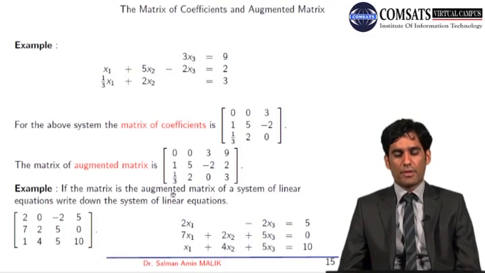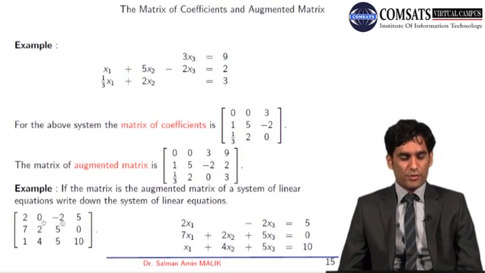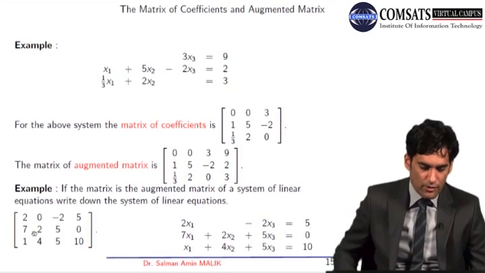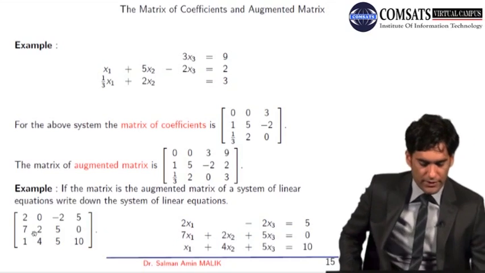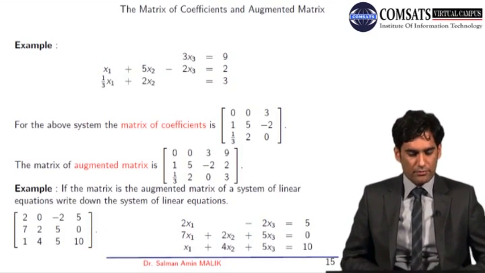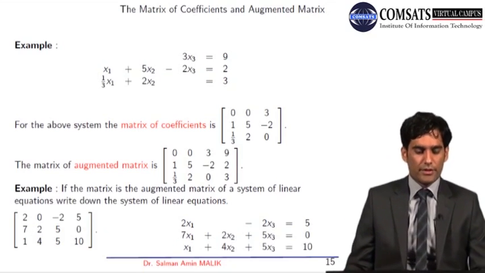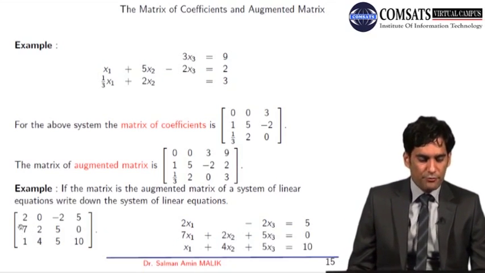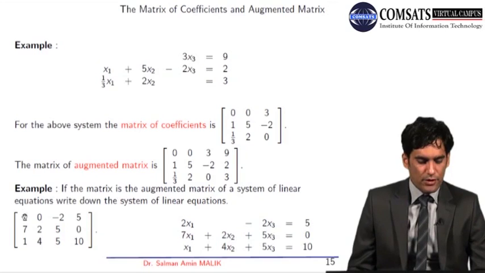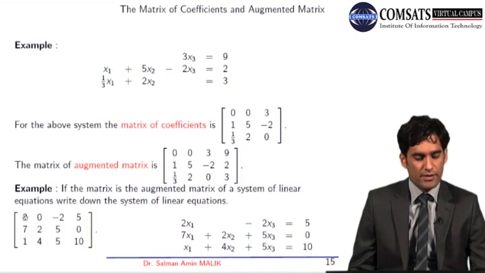If the matrix is the augmented matrix of a system of linear equations, write down the system of linear equations. So this matrix is the augmented matrix, and we have to write down the system. As we have decided, the first column represents the coefficients of the first variable, let's say x1.